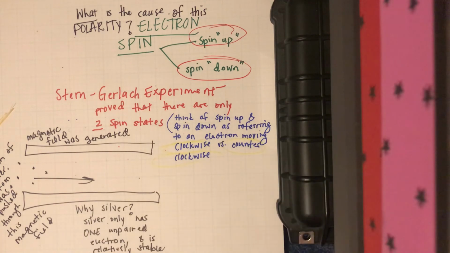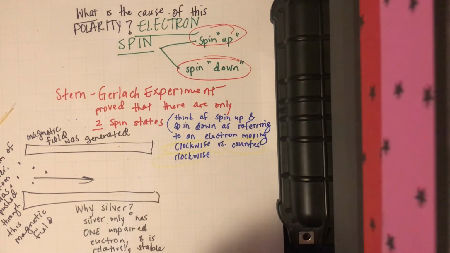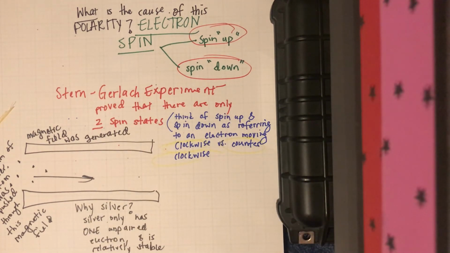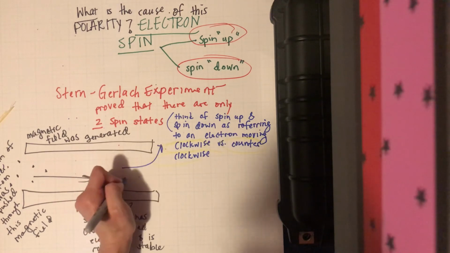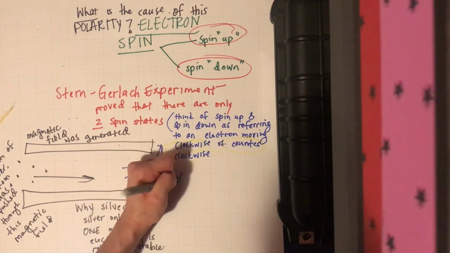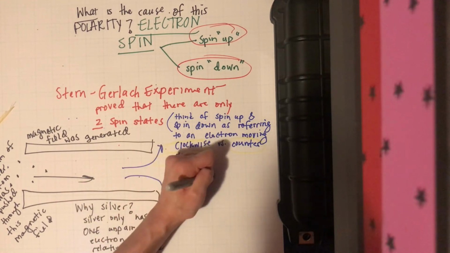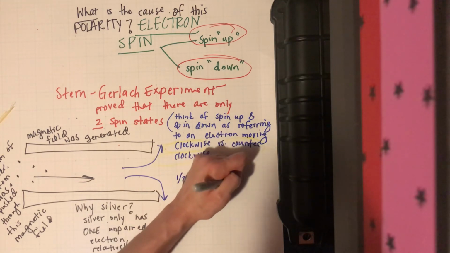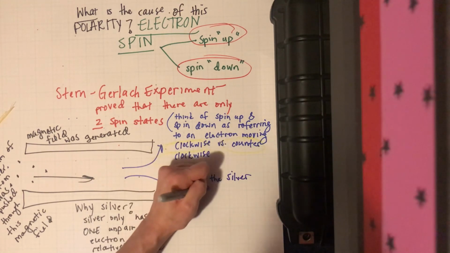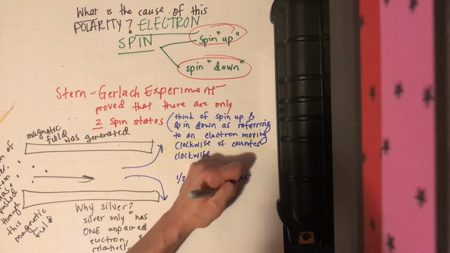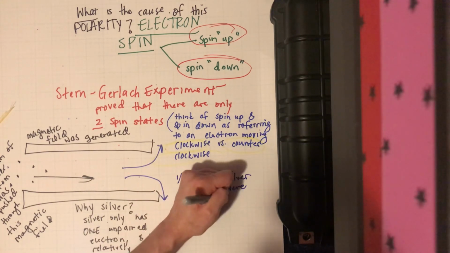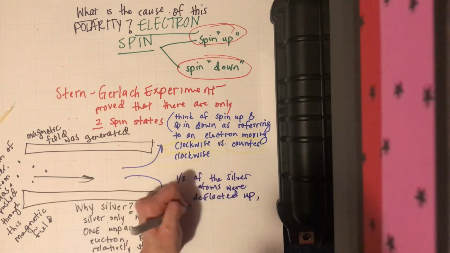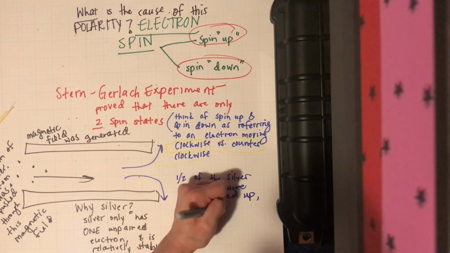And what they found was that half of these silver atoms were deflected up and half were deflected down.